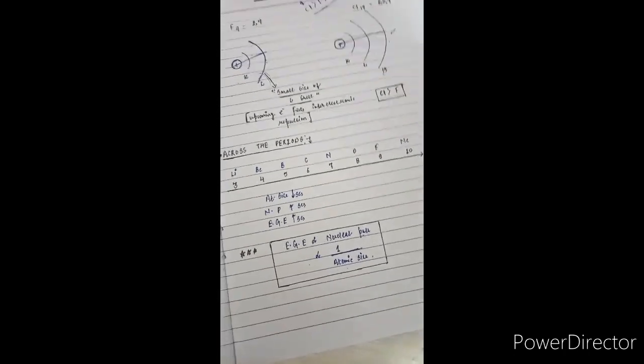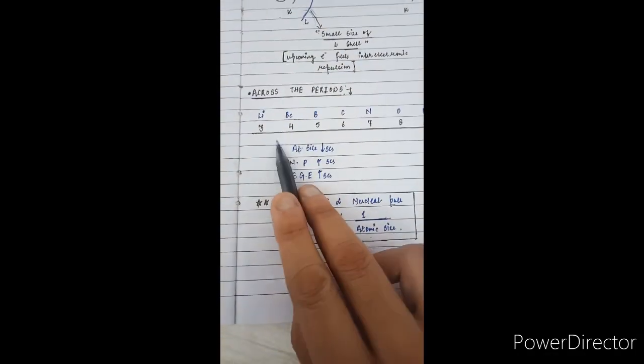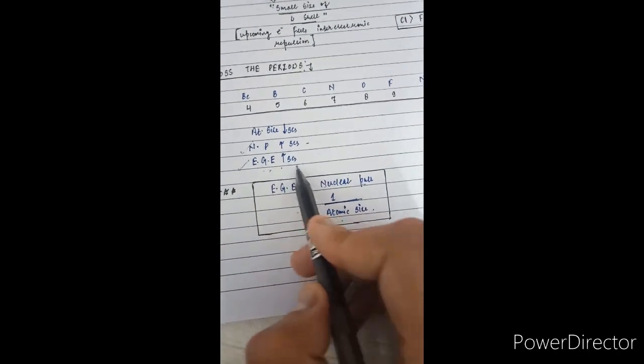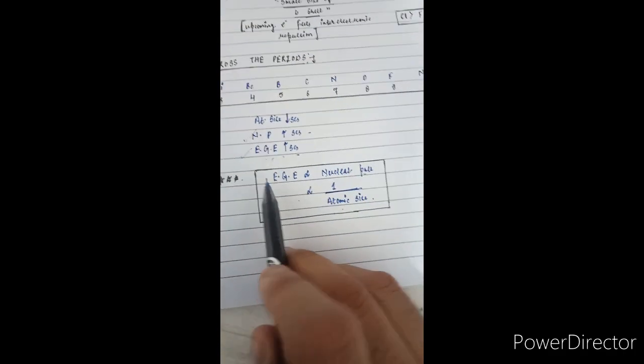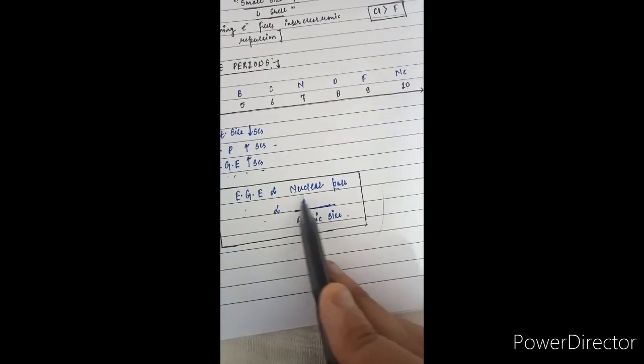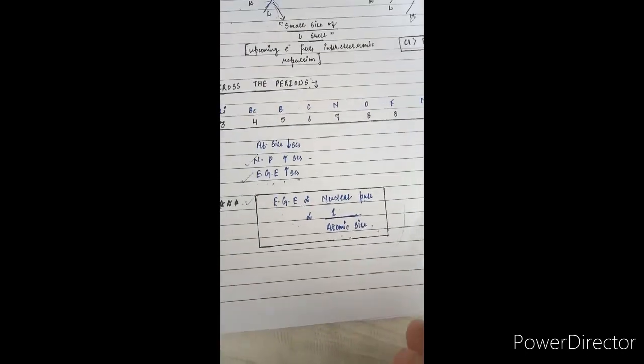When one moves from left to right in any particular period, atomic size decreases, or we can say nuclear pull increases, so electron gain enthalpy increases. I have already shown that electron gain enthalpy is directly proportional to nuclear pull and inversely proportional to atomic size.